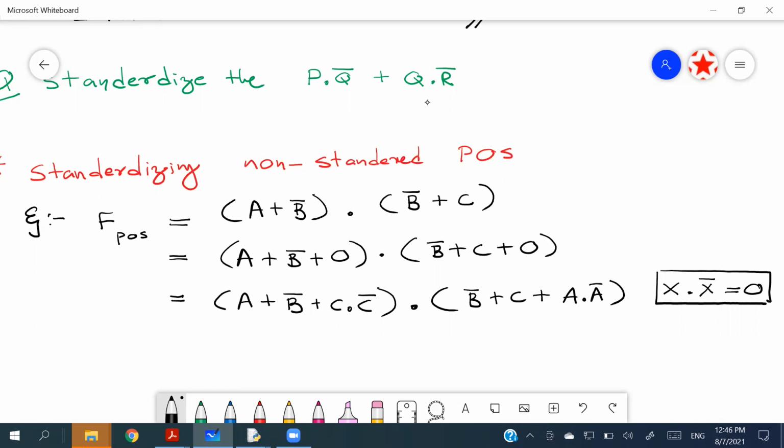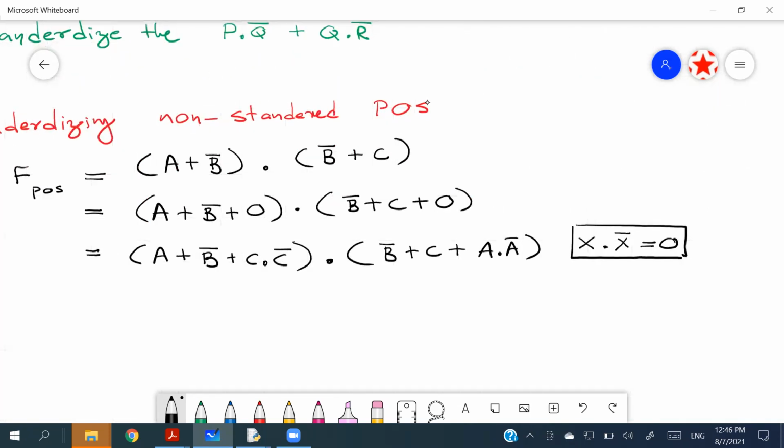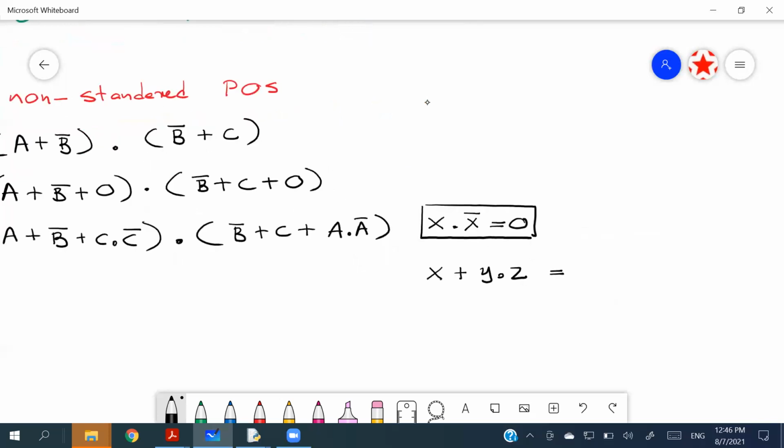Now, what is the second law of the distributive law? Second law is something like this. We wrote it like x plus y dot z. This can be written as how? x plus y dot x plus z. Right?